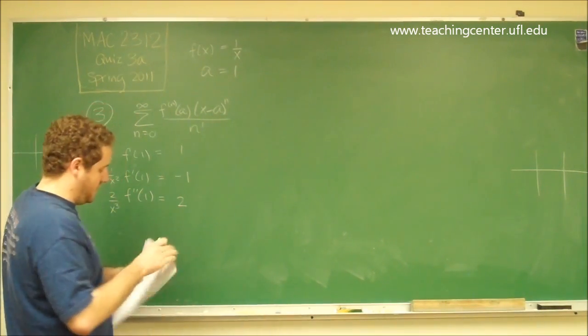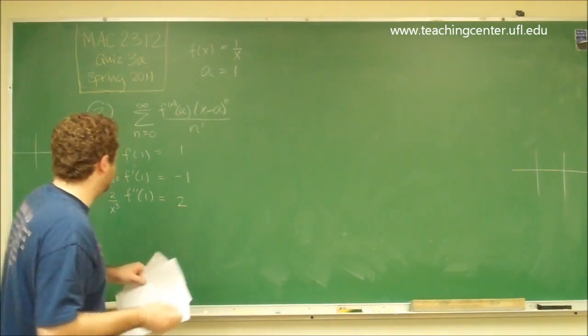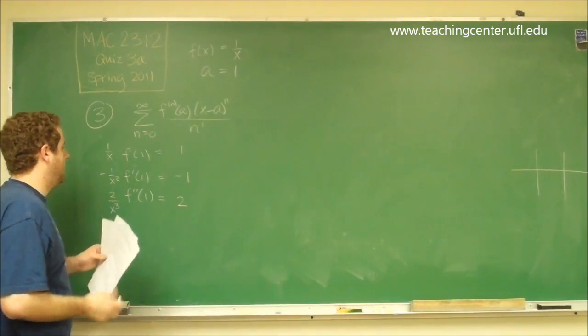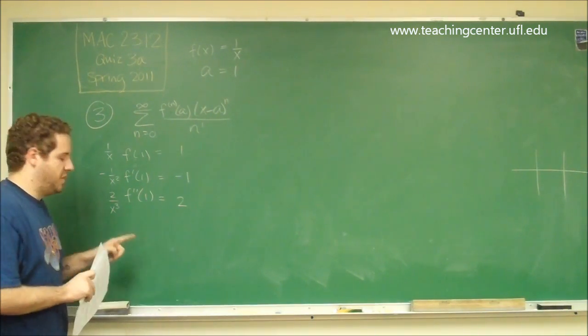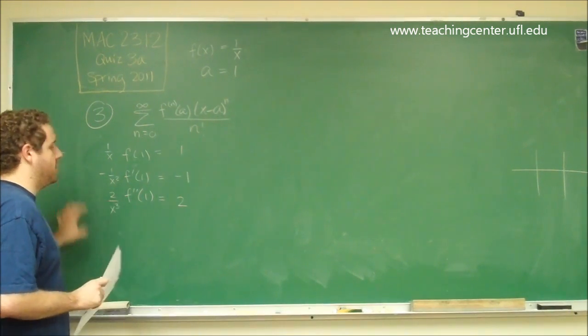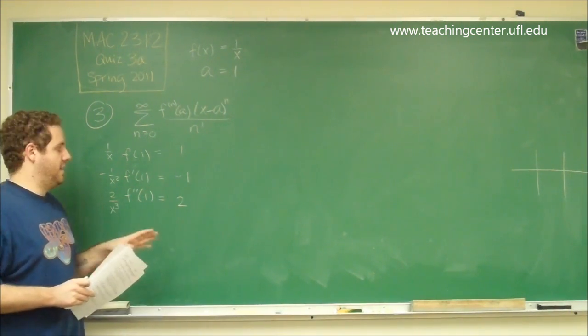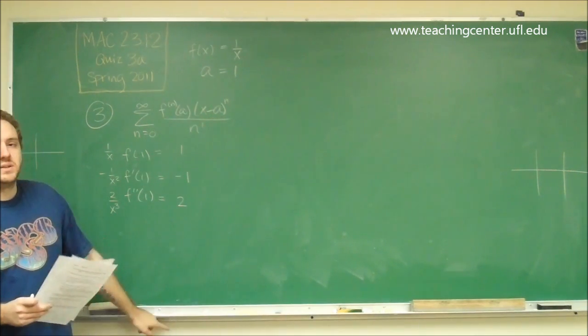Okay, so what's happening here is that we're alternating, and as soon as we get past here, the next term, think about what you do when you take the derivative. You're going to move the number down again. We're going to move a 3 down, we're going to move 4 down, we're going to move 5 down. This is going to be multiplying by 3 and multiplying by 4. So this is a factorial sequence.